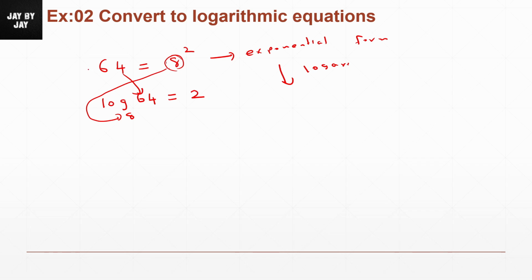As another example, number 1: 81, you can write down 9 squared. So how can you write it down? You have to put the log here, and what is the base? Base should be 9. This is the base. Here you put 9, and 81 comes here, and what's the power part? Power comes here. That's the answer. Okay, this is how you need to know.